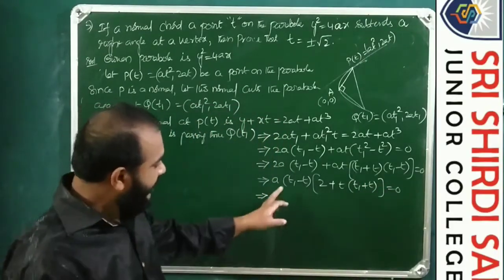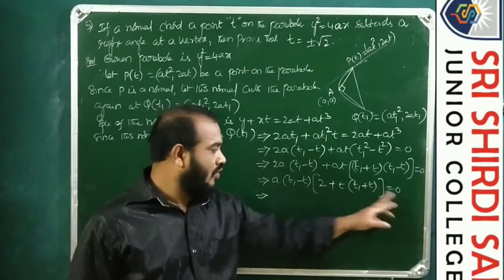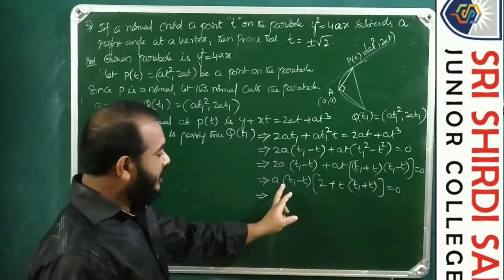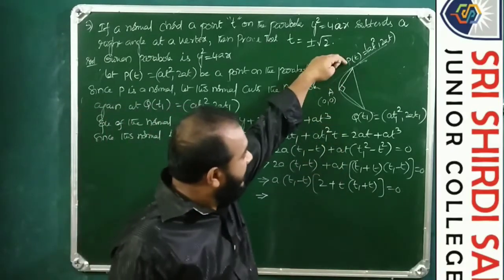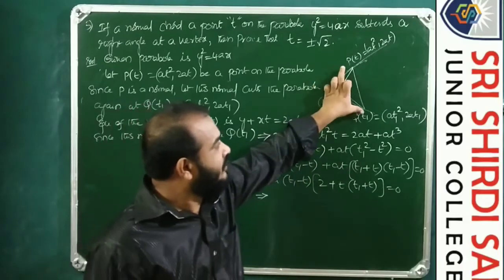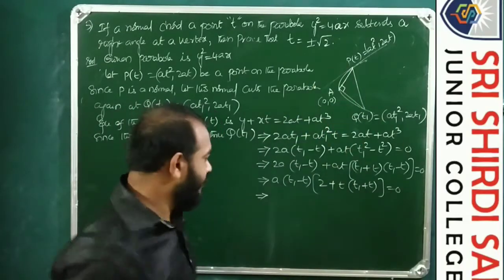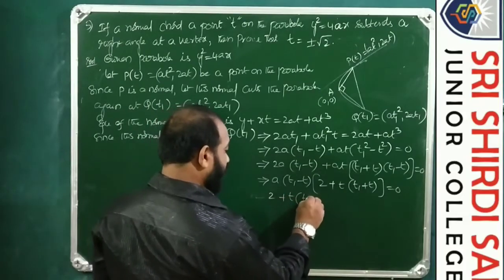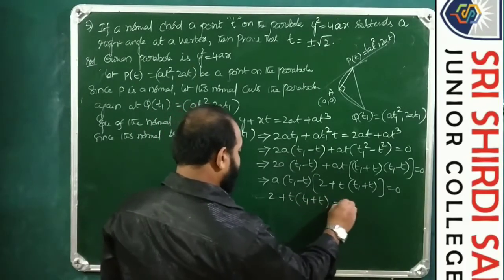So either a into (t1 minus t) equals 0 or this is equal to 0. This cannot be 0 because t1 equals t would mean the points are not distinct, but t and t1 are distinct points which constitute a chord. Therefore 2 plus t into (t1 plus t) equals 0.